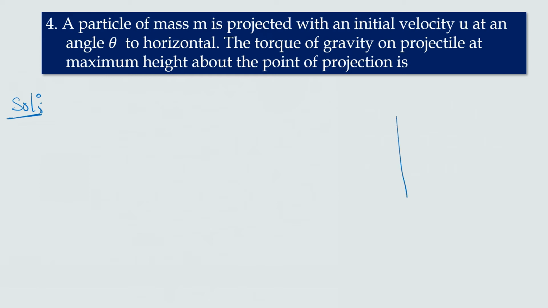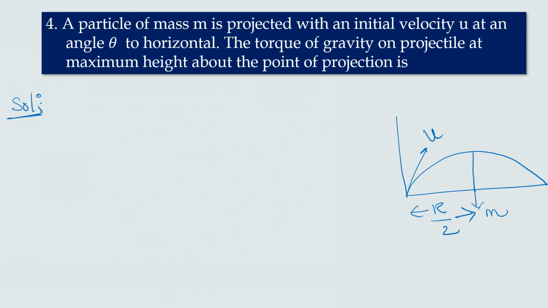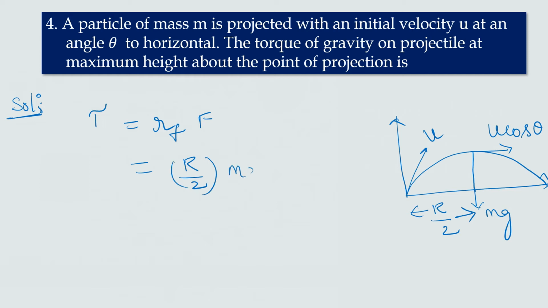This is the projectile here. Projected with an initial velocity u. At maximum height, the horizontal distance is R by 2, half. Gravitational force, horizontal component u cos theta. Okay. Now tau is equal to R by 2 of mg.